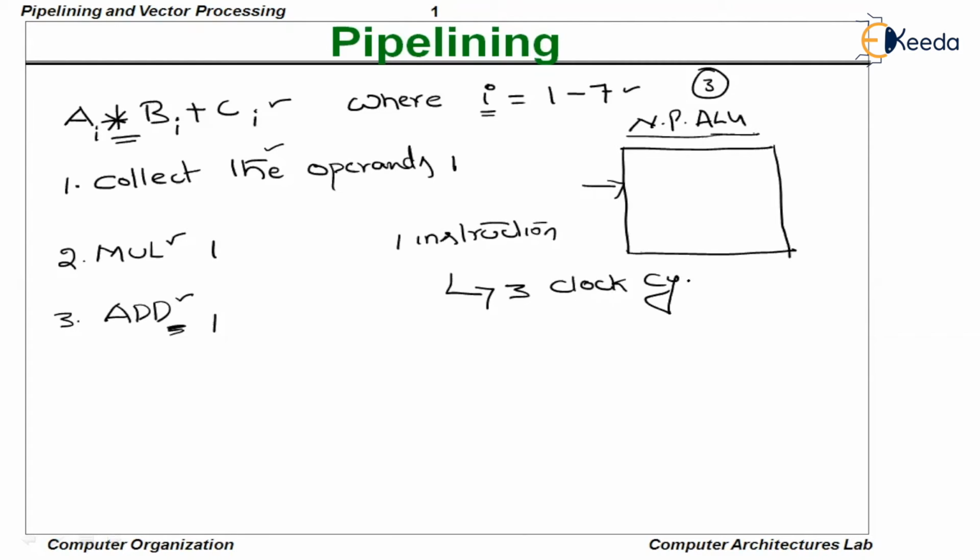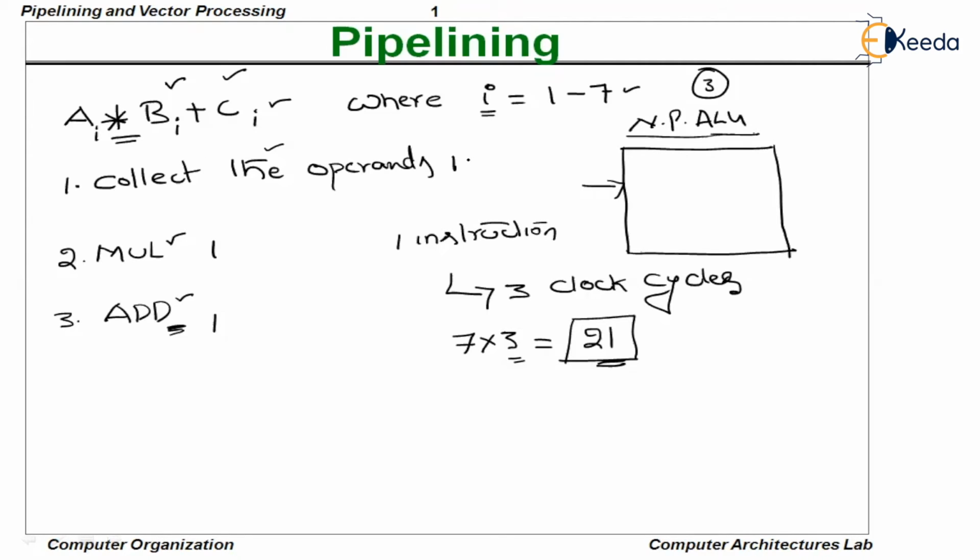Hence 7 instructions will take 7 into 3, which is 21 clock cycles. So in order to execute these 7 instructions, a non-pipeline ALU requires 7 into 3, because each instruction requires 3 clock cycles.